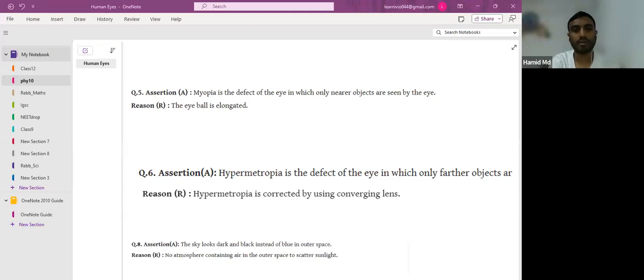Do you think hypermetropia is being corrected by a converging lens?